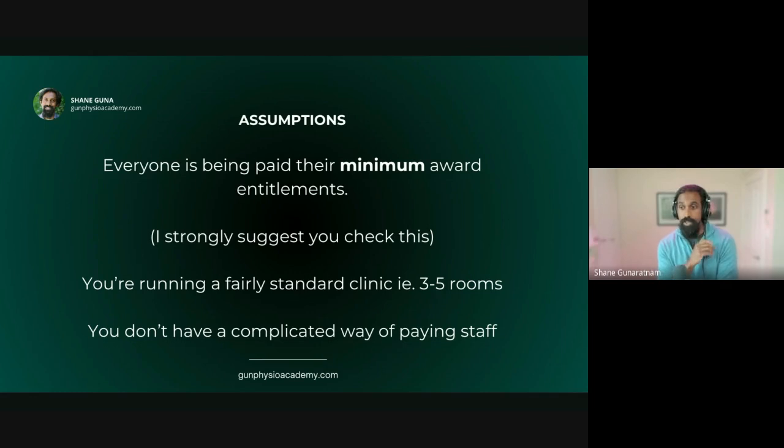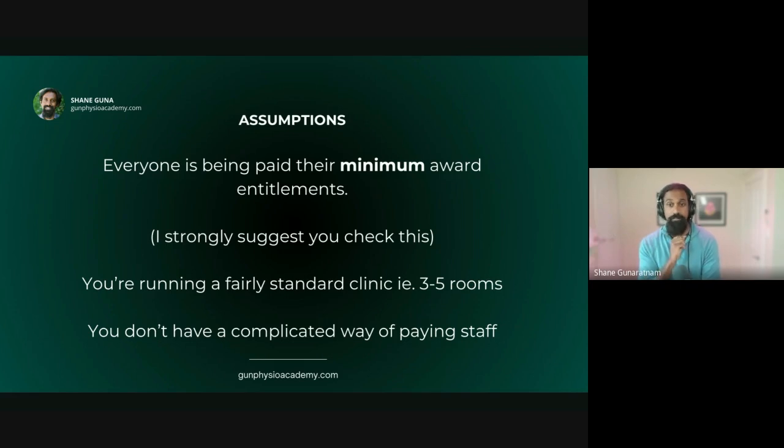Now, there's a few assumptions here, and I'm sorry about these assumptions, because it's hard to do different clinics. Everyone has a slightly different formula for how they pay people and everything. I've tried to make this as clean and as applicable to everybody.